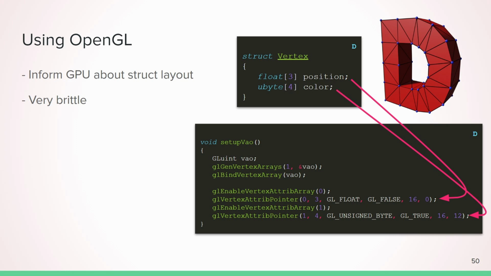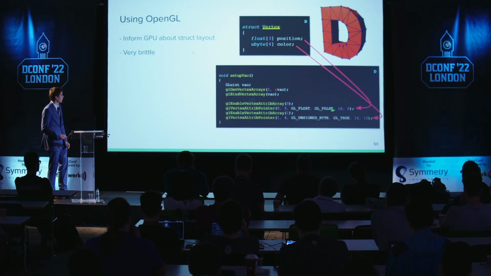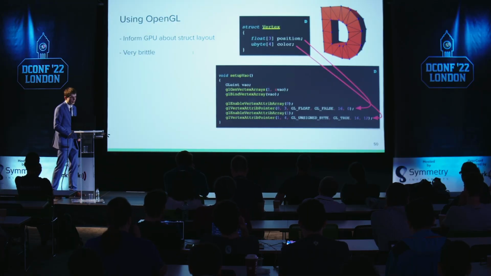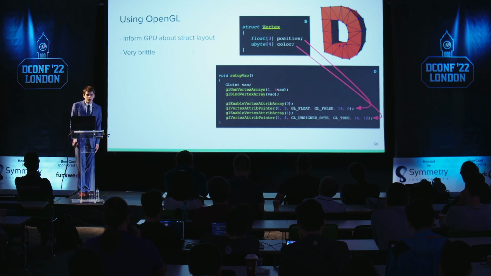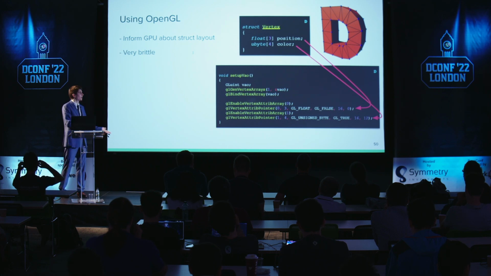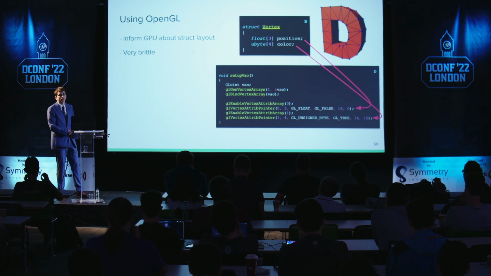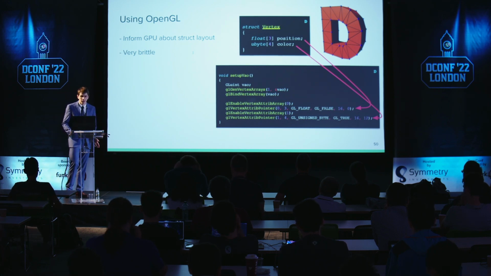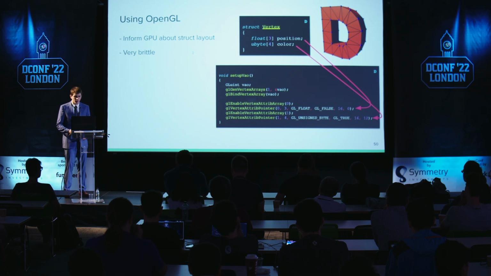And you have to tell it, oh yeah, this position is float, it has 3 elements, it has a stride of 16 because the struct size is 16, and an offset. And this is, of course, very brittle, because if you change any of this, you also have to change that, or else it's a mismatch, and you don't have any type safety at all.